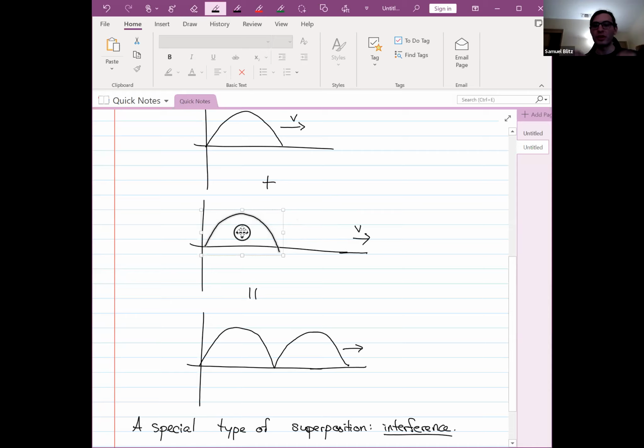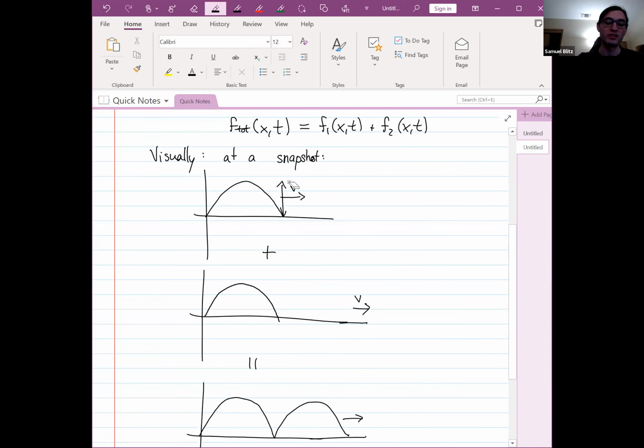And so the peaks are aligned with the peaks, and the troughs are aligned with the troughs, if there were any. And so the resulting amplitude of the interfering wave is just the sum of the amplitudes. So in this case, the height of the resulting disturbance would be twice as large as the height of either of the constituent disturbances.